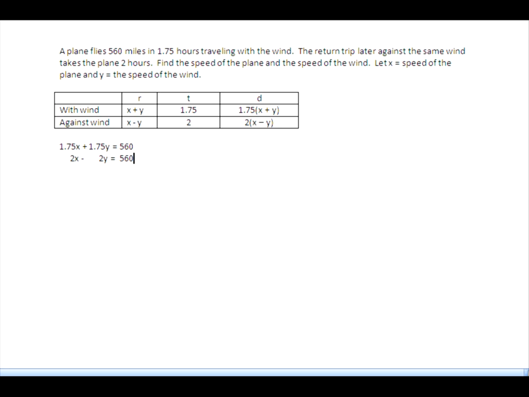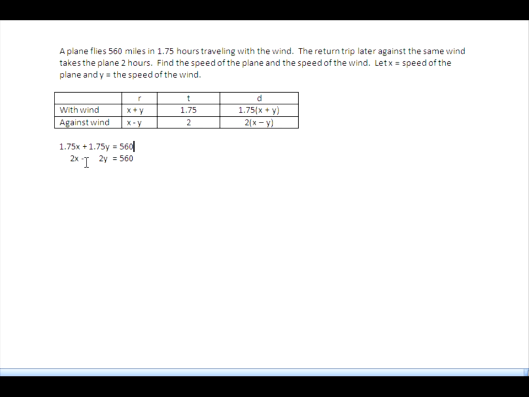Now we could solve this using substitution. We could solve it using elimination. Elimination seems to be a little easier for us in this case, because we have opposite signs here. So we need to find a way that we can multiply both equations to clear out our fractions.